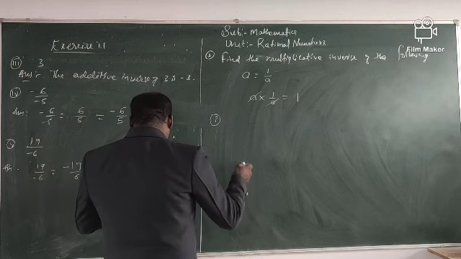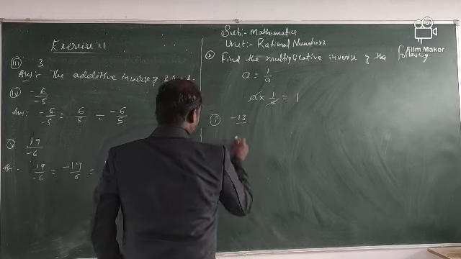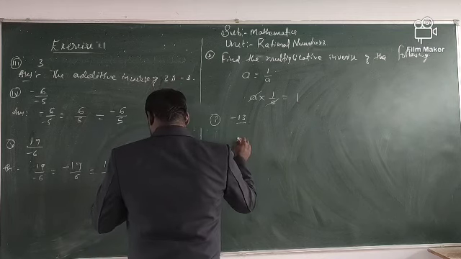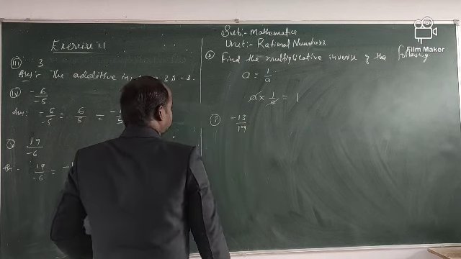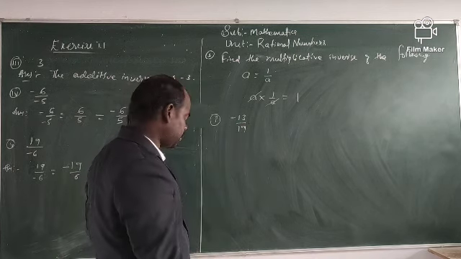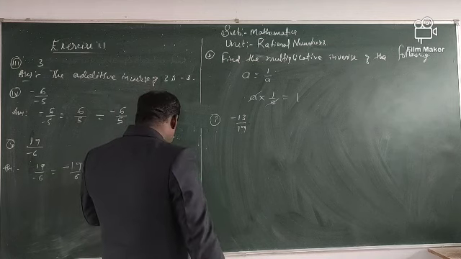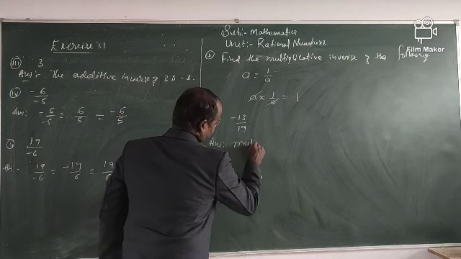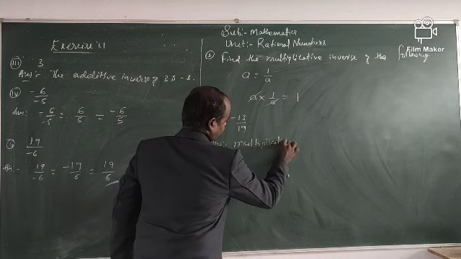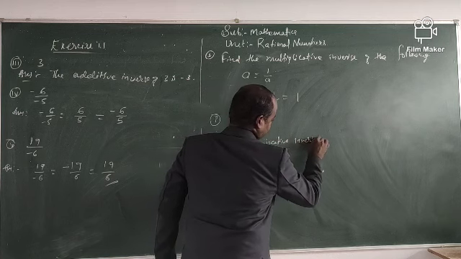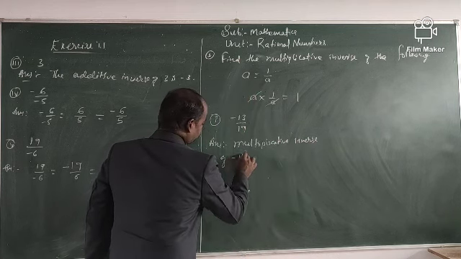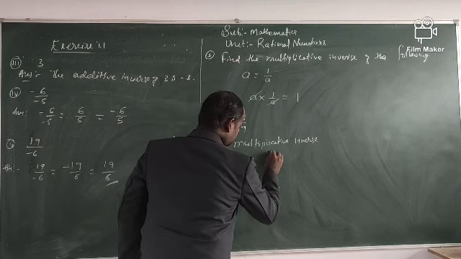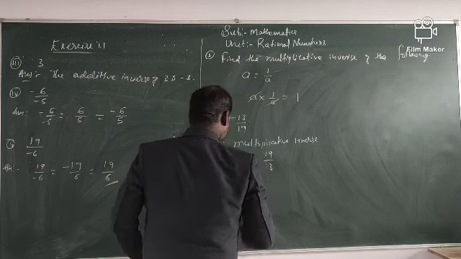Firstly, find the multiplicative inverse of minus 13 by 19. See here. Answer: the multiplicative inverse of minus 13 by 19 is, yes, minus 19 by 13.